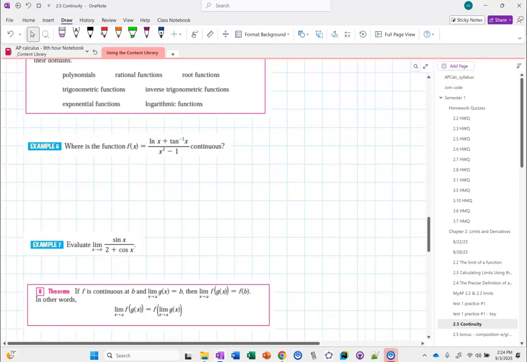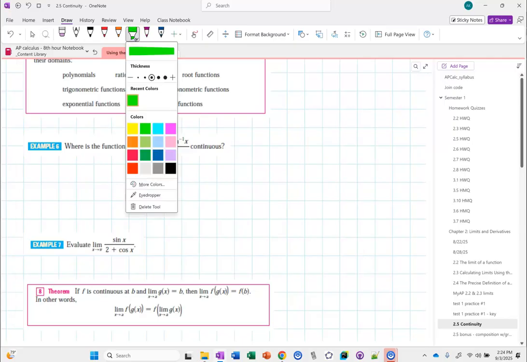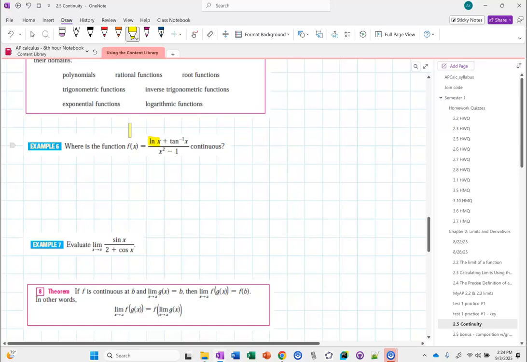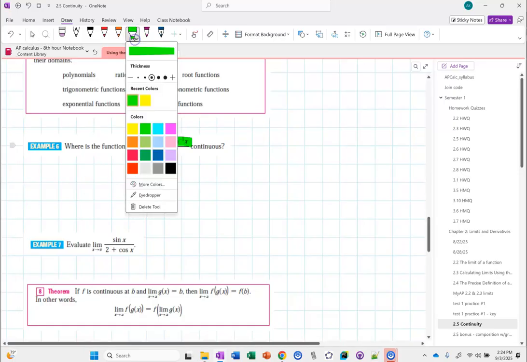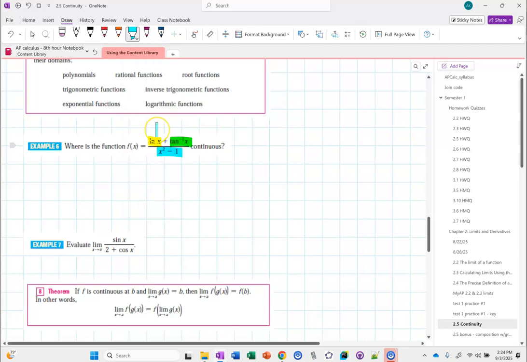So let's look at this example. It says f of x is the natural log of x plus tan inverse of x over x squared minus 1. We're asking, where is this continuous? When I look at this, I see 3 continuous functions, right?